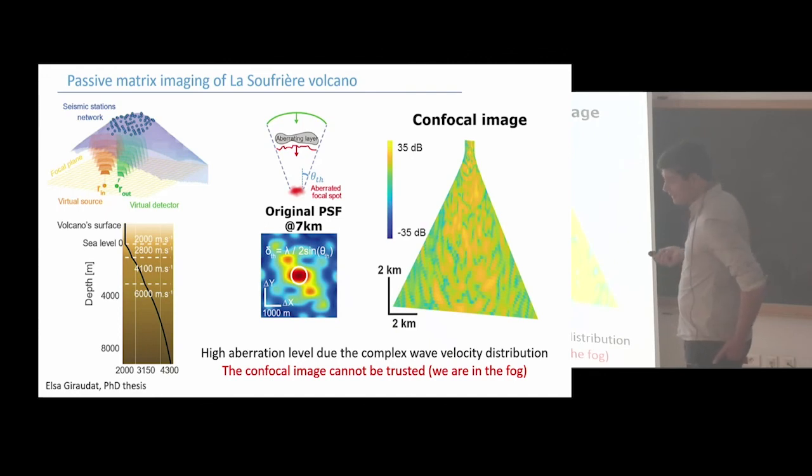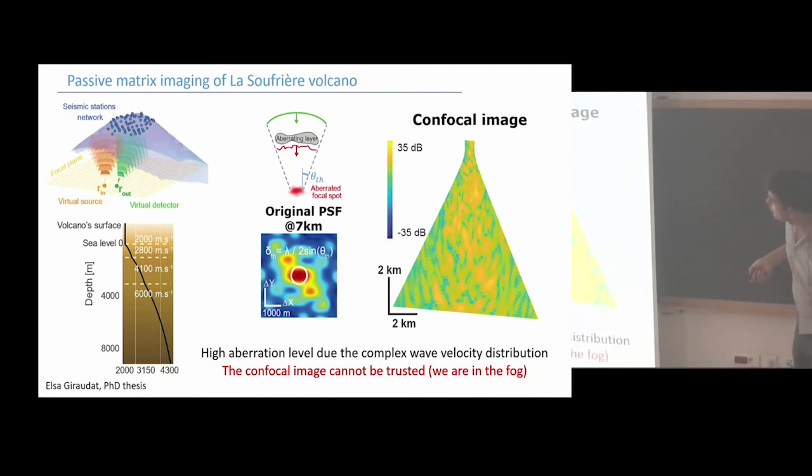And as in San Jacinto, you see that the focusing process is very complicated in this area, and you have a lot of energy outside the position that you expect. This is due to aberrations, and this explains why the original confocal image is very blurred, and you are in the fog as before.